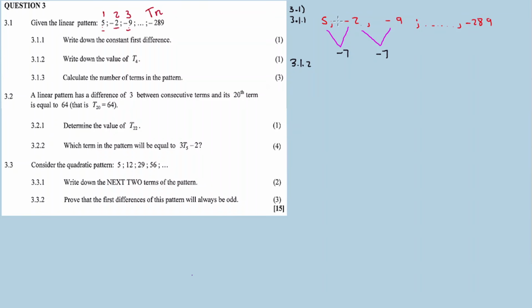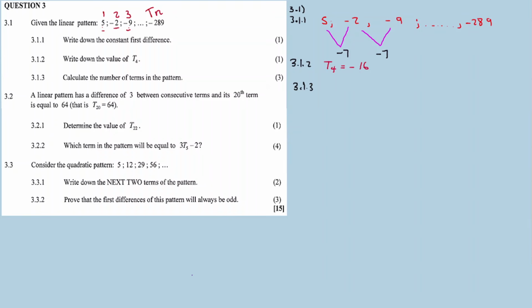When you add negative 2 and minus 7, you get minus 9. So T4 is found the same way: minus 9 plus negative 7. What is our answer again? Negative 9 plus negative 7 is negative 16. So T4 is negative 16.